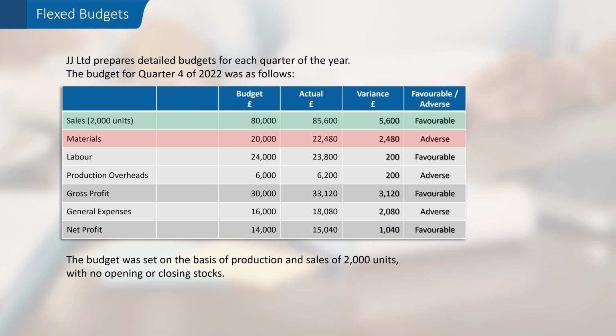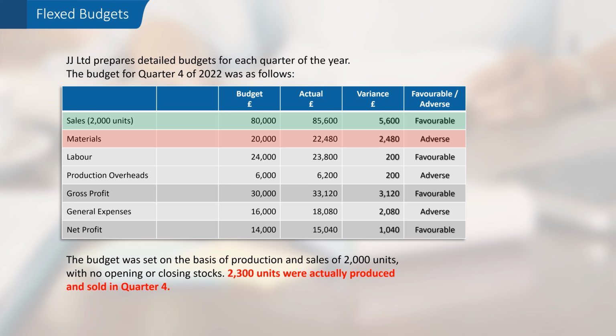However, these variances are only valid if the actual level of activity is the same as that used in the original budget. And we now learn that in actual fact, we produced 2,300 units in this quarter, and not the planned 2,000 units the original budget was based upon.